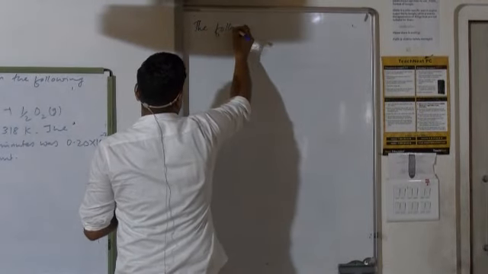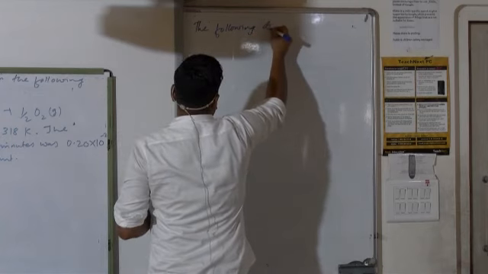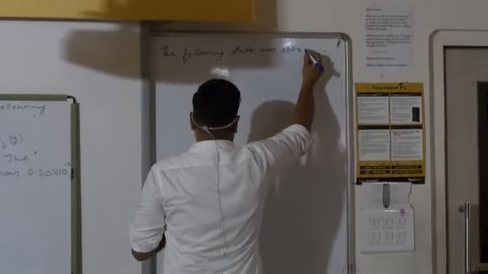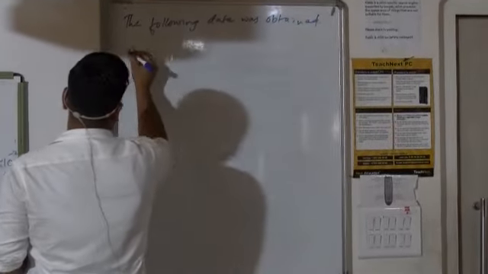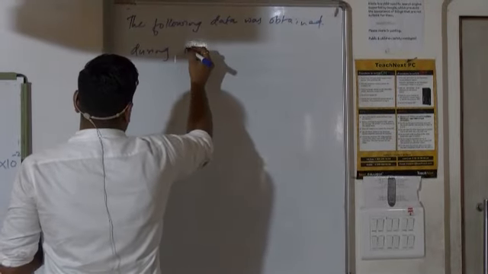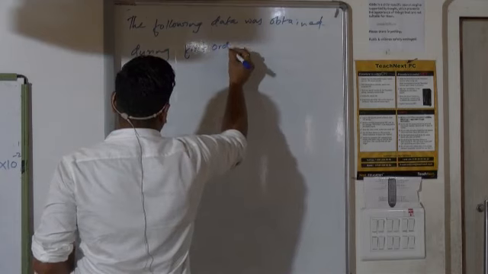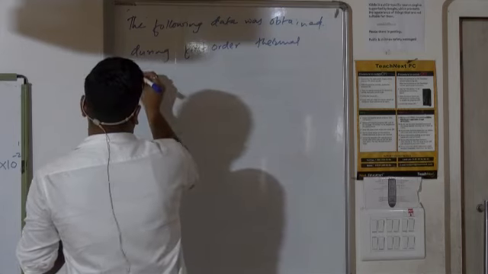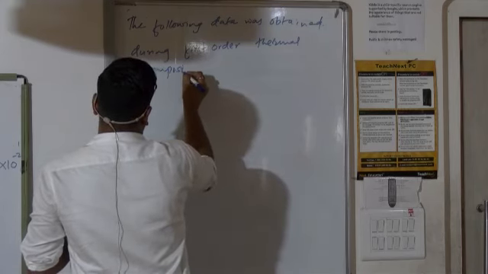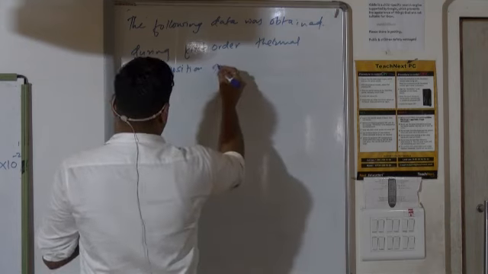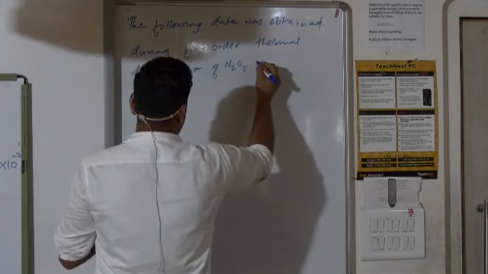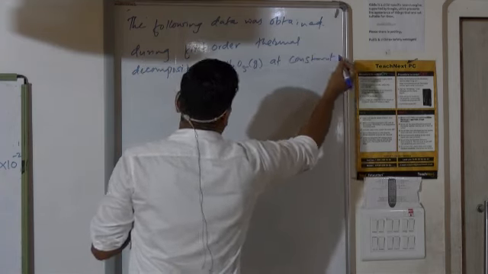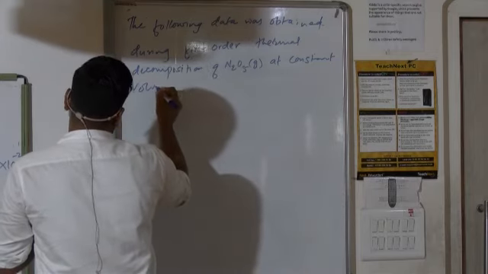The following data was obtained during first order thermal decomposition of N2O5, that is gas only, at constant volume.